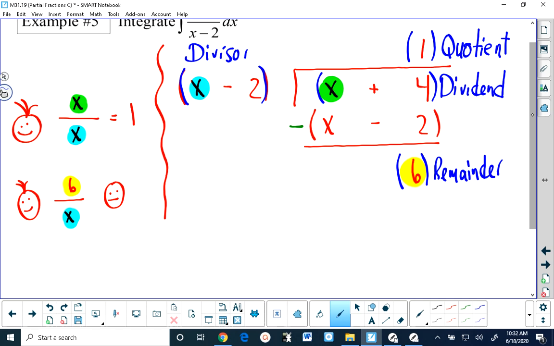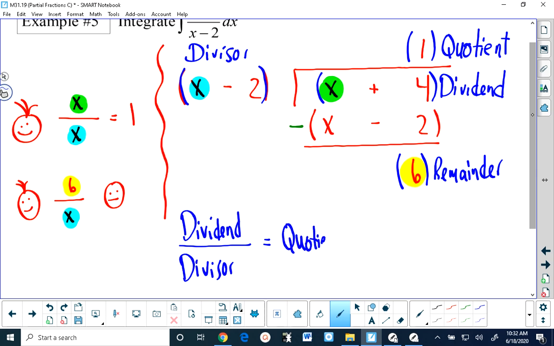The rule is that when you take your dividend and divide it by the divisor, that original expression, in this case, x plus 4 over x minus 2, will always be equal to the quotient plus the remainder over the divisor.